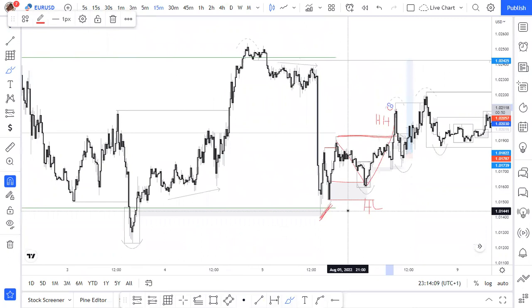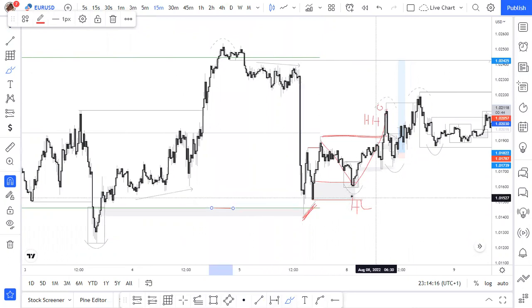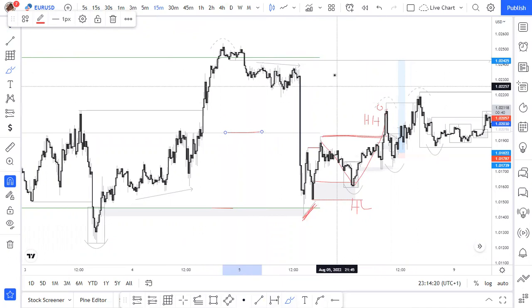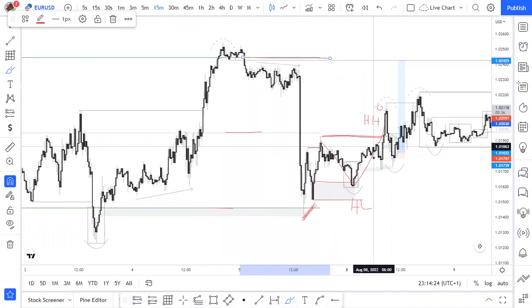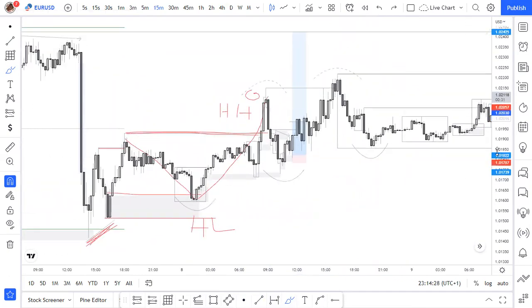And for me, we are not really down here at the lower 25%, but it makes sense to maybe take the trade somewhere below this 50% mark and then TP at the higher 75%. So that was what I was thinking.